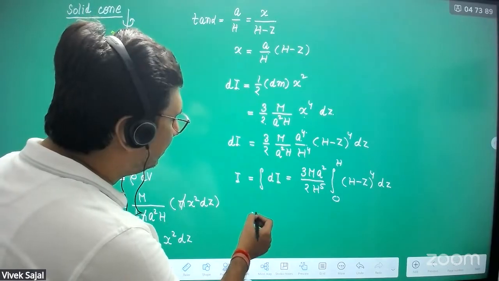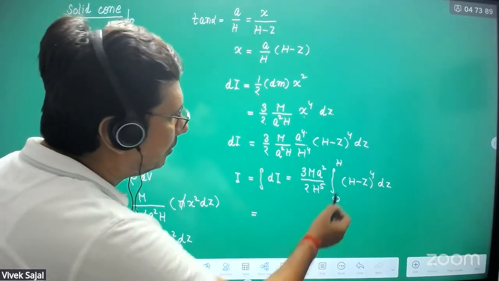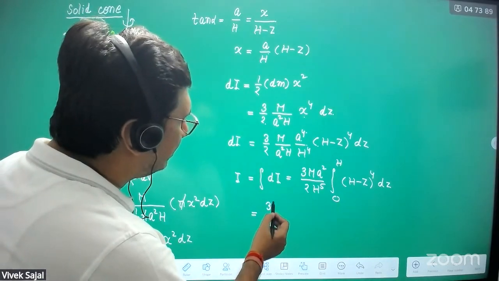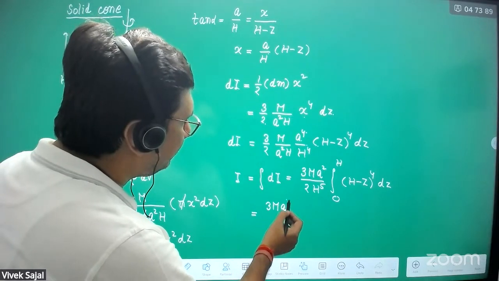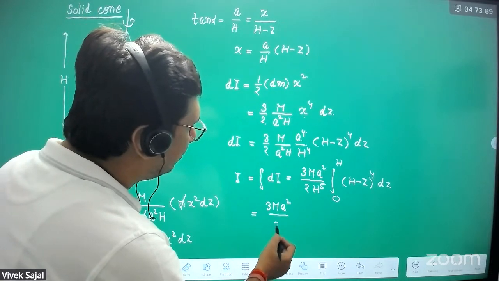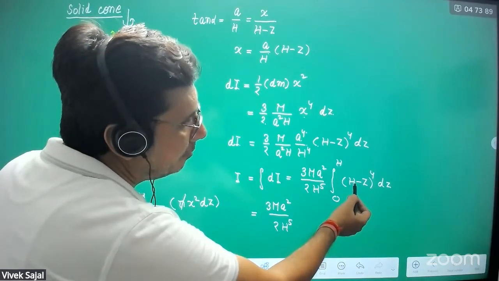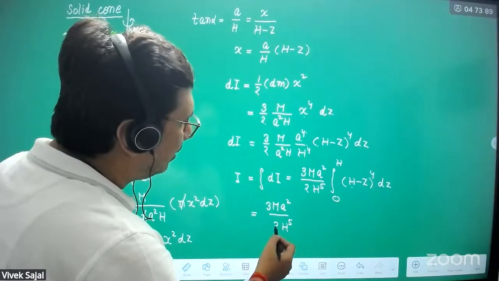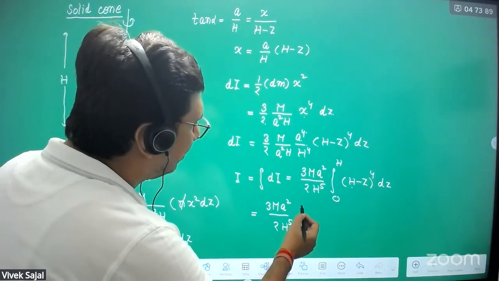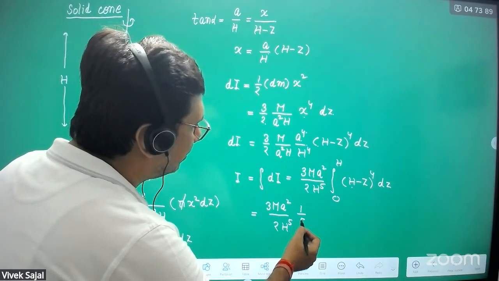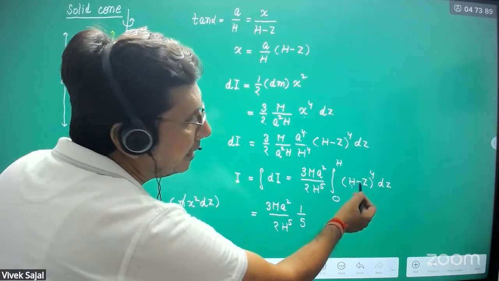So what will it be? ये कितना हो जाएगा बेटा जब इससे? This will remain 3 m a square upon 2h to the power 5. When you integrate, this will be x to the power 5 by 5. So I'm going to write 1 by 5 here. And you will divide this because this is h minus z.